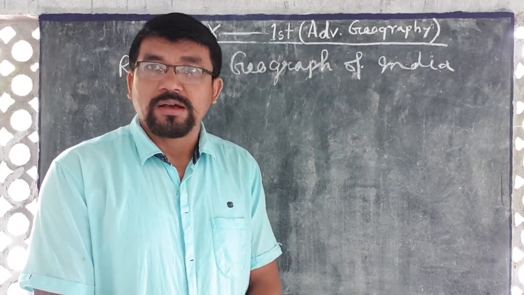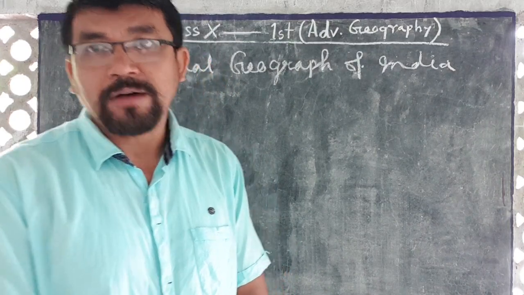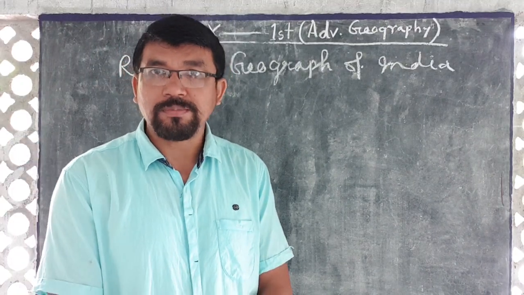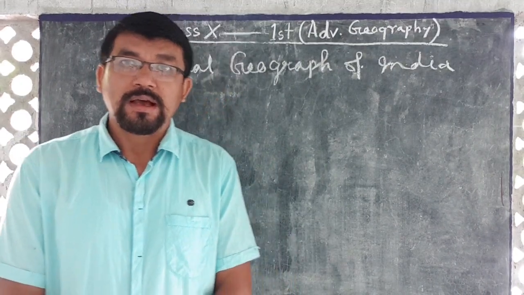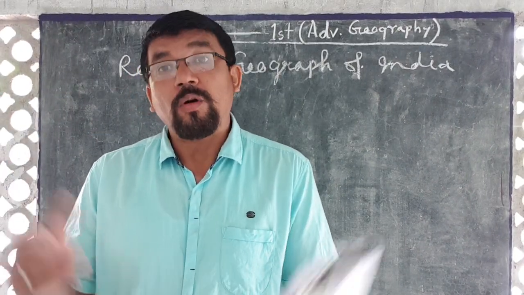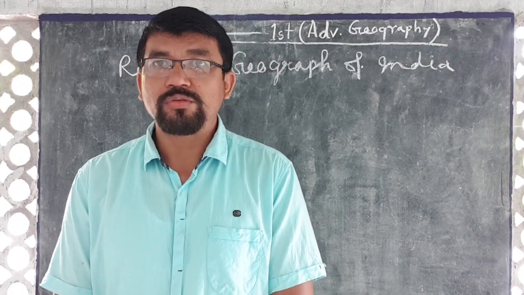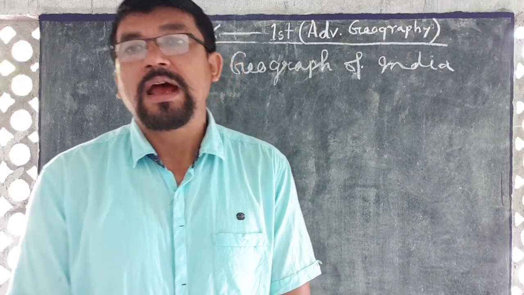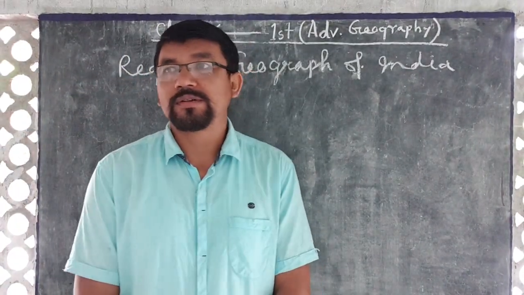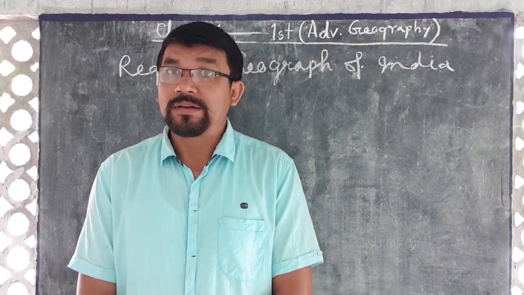So, all these ethnic groups of people have different types of customs and traditions. That means their food habit, housing type, dress habit, all these are different from one another. So this way, socio-culturally, our country has lots of diversities which are generally not found in the other countries of the world.